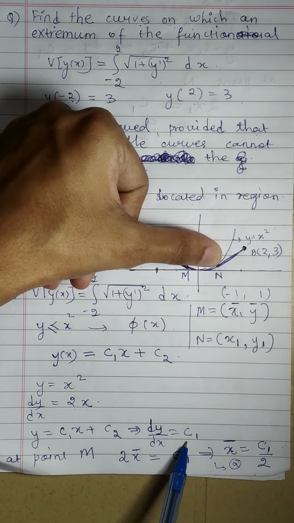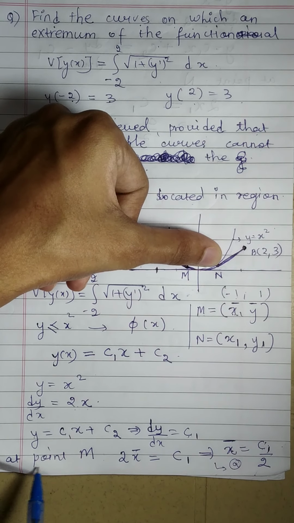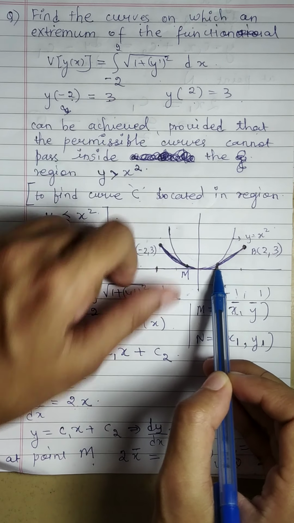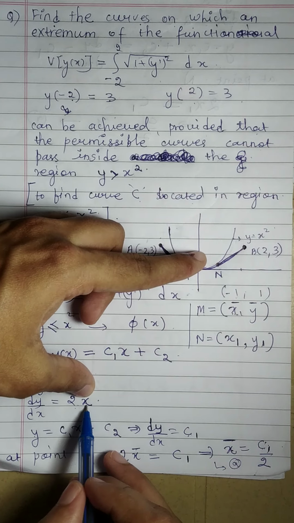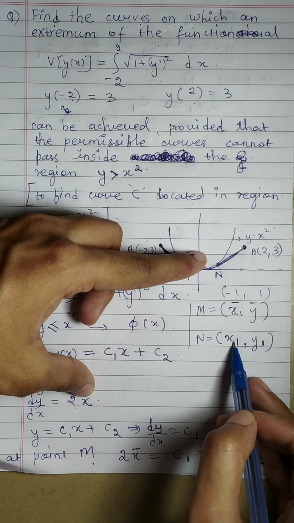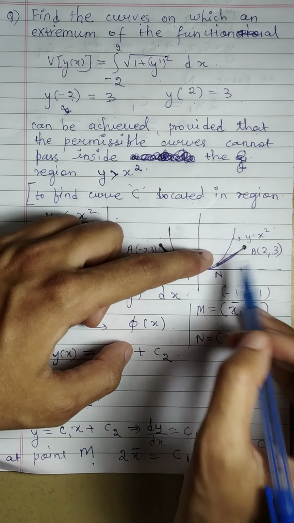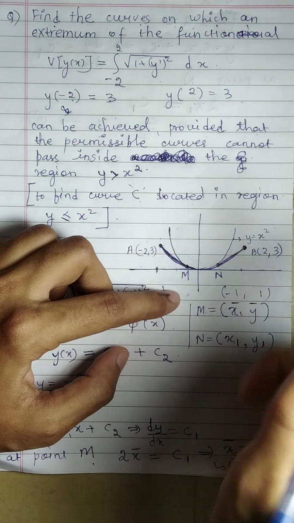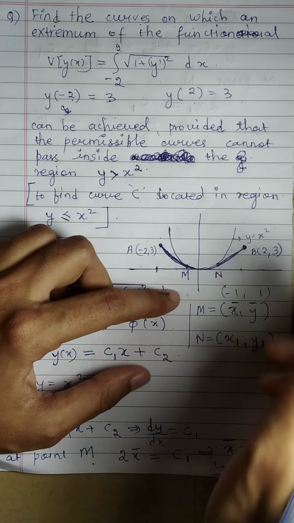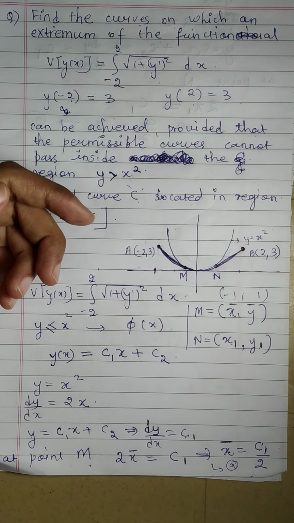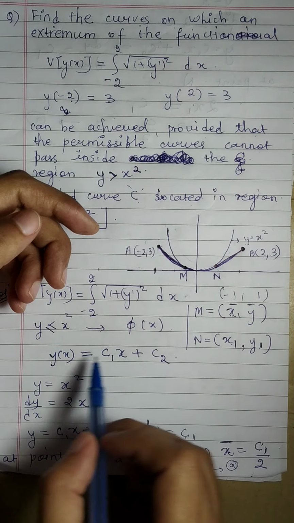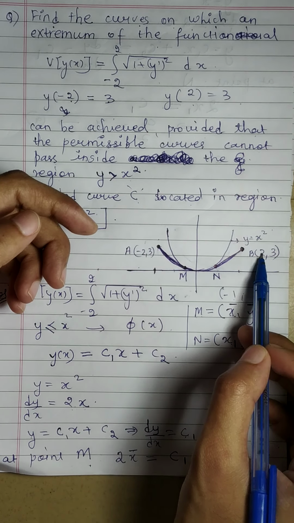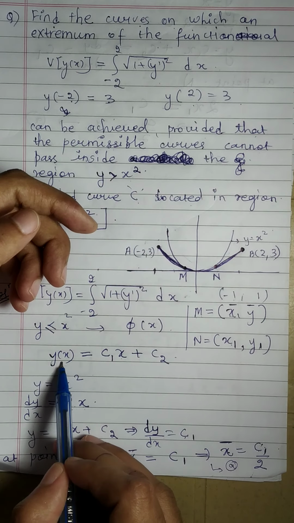Here it was point M, in the next case it will be point N. So instead of this x, we will get x1, and this line is also passing through the point 2, 3. That means if we put x equal to 2 here, we will get 3.